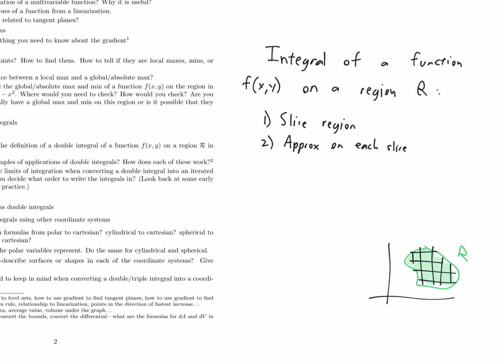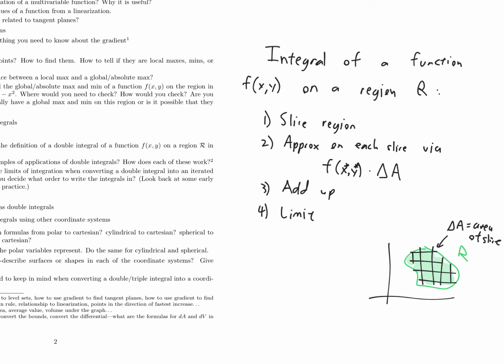So the kind of thing that I'm talking about is taking the value of the function on that slice times delta A, where delta A is the area of the slice. Sometimes we write x star and y star here. Then we're going to add up those results and take a limit.